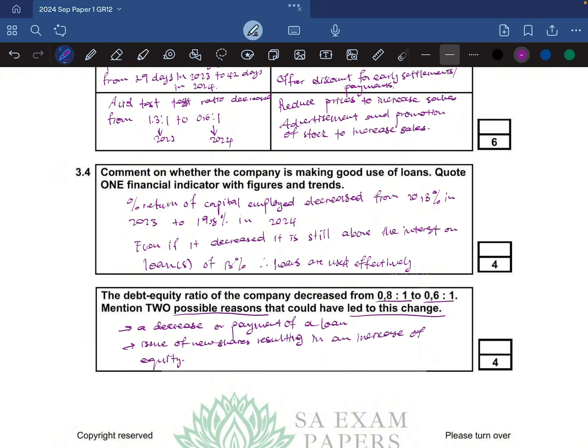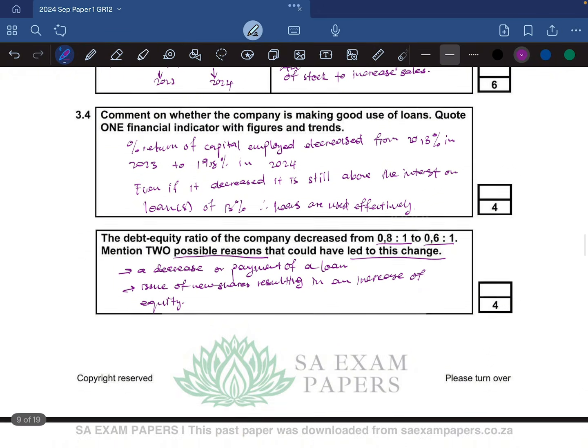We could also talk about having an increase in profit, which could increase our retained income, and of course our retained income also increases our equity, but that's a bit of a long way to go, but you could also consider that.